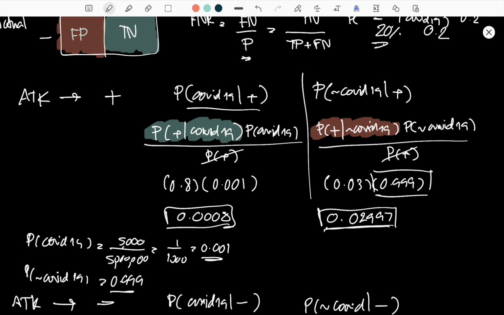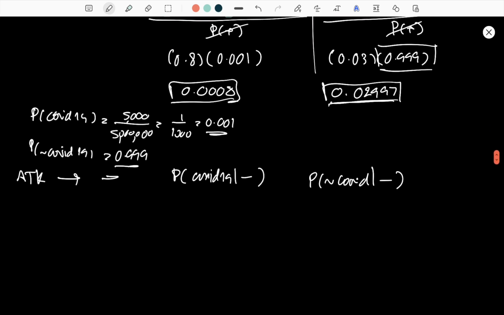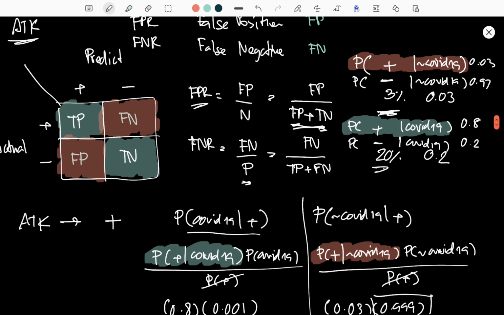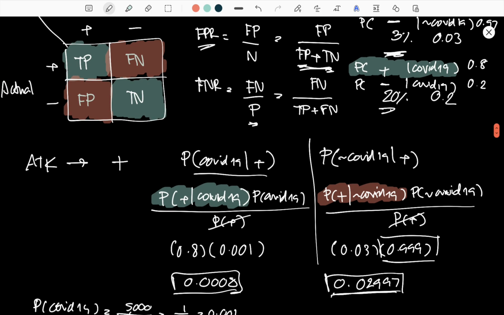So if the result returns positive, you can think that, okay, you are still not COVID-19, not actual COVID-19. Okay, so this is an example of when the ATK returns positive.